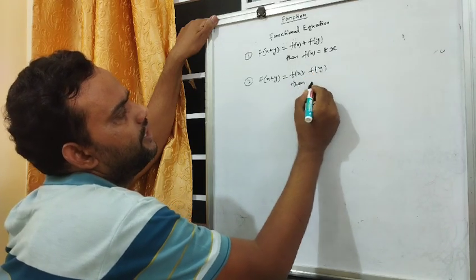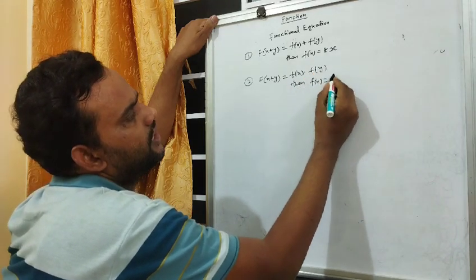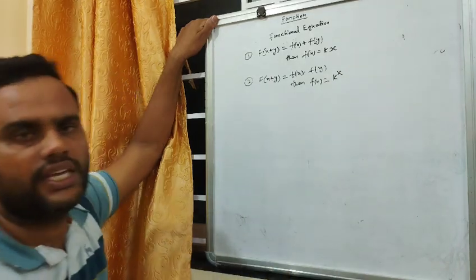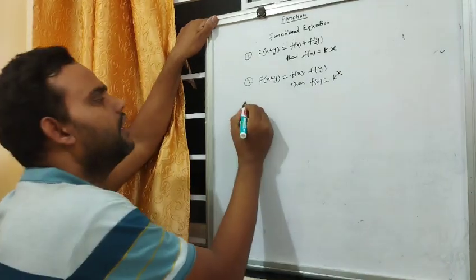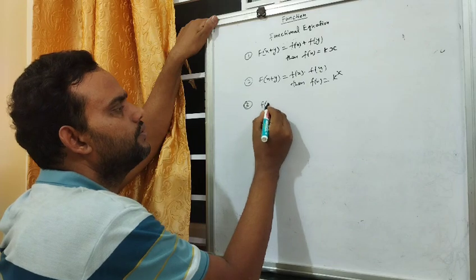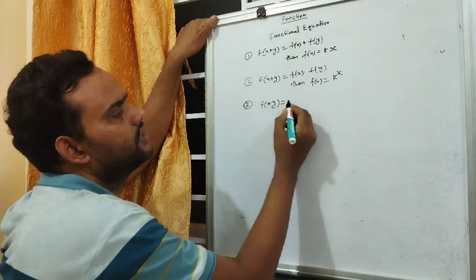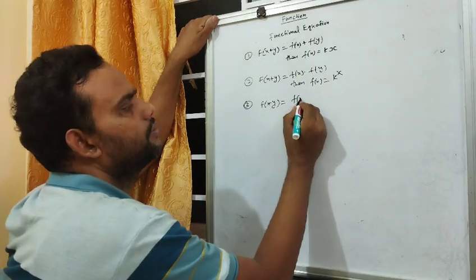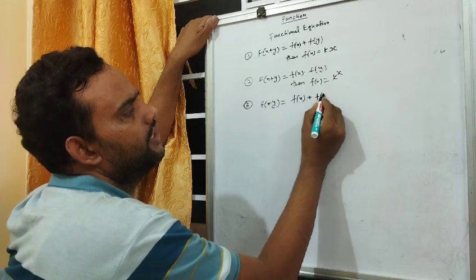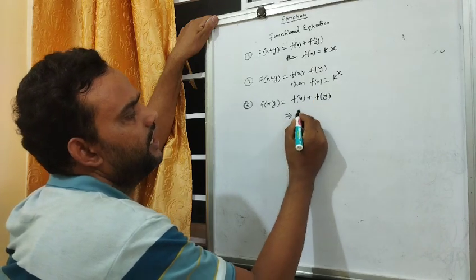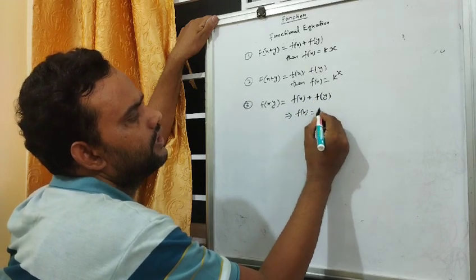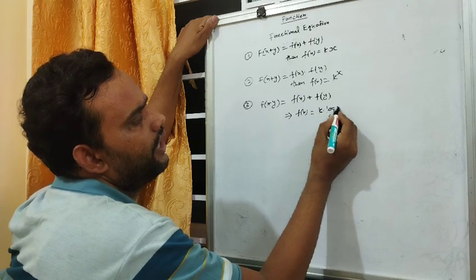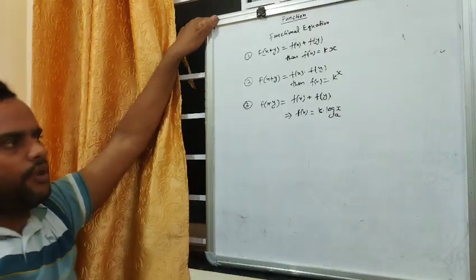Then f of x we can consider k power x, where k is an arbitrary constant. Third is f of x into y is f of x plus f of y. Then we can take f of x equals k into log x to the base a, where k and a are constants.